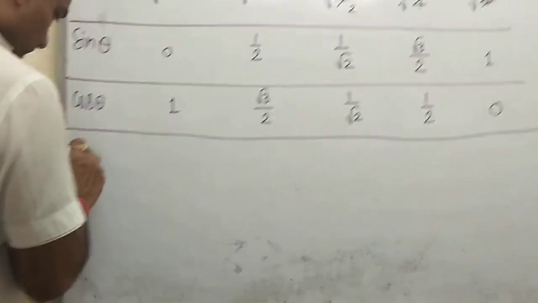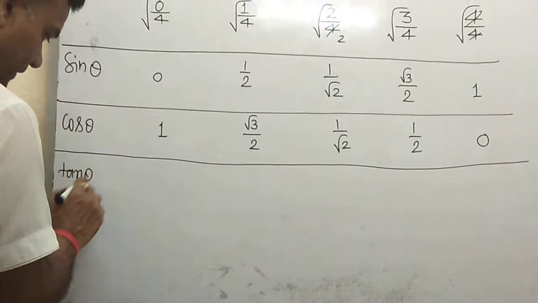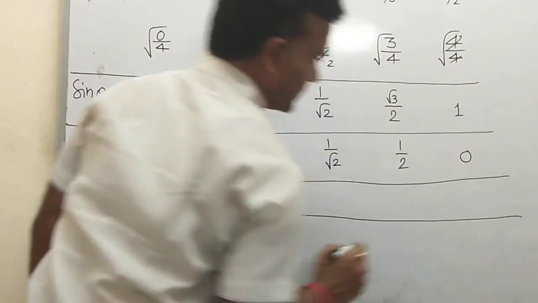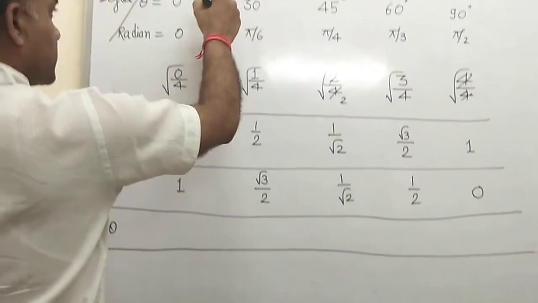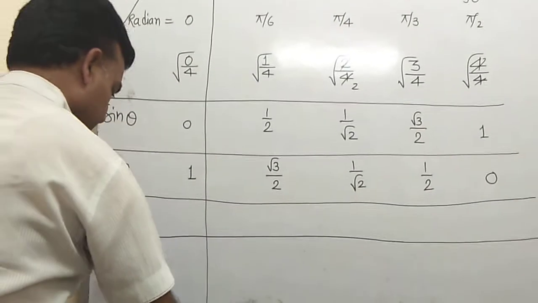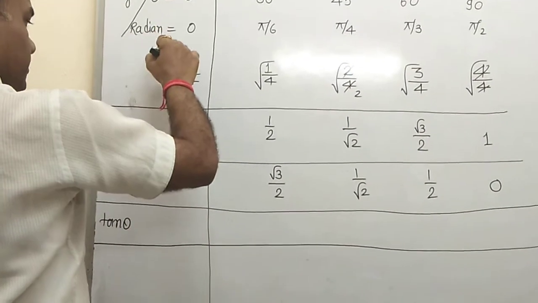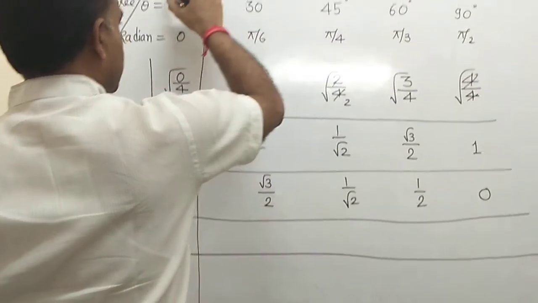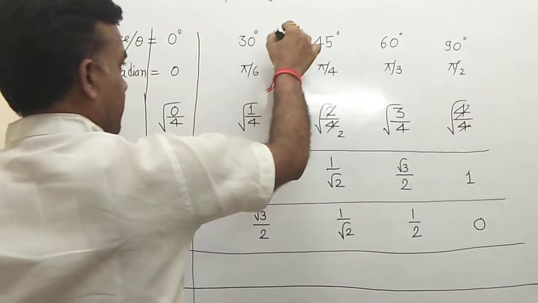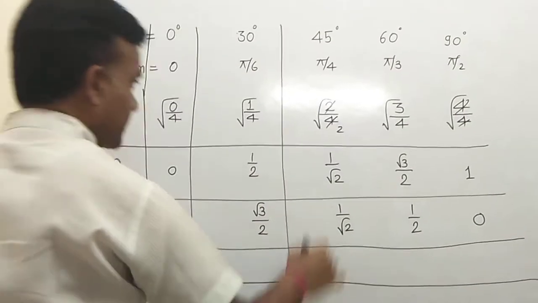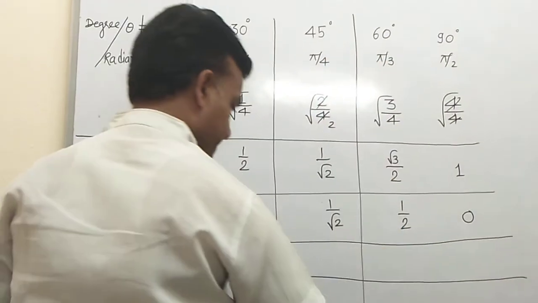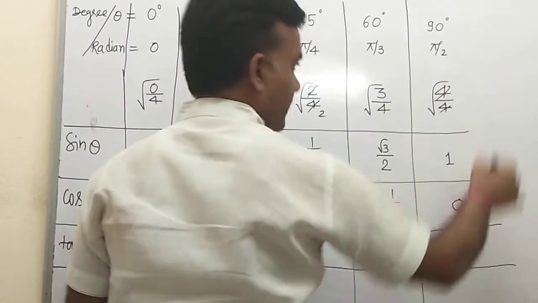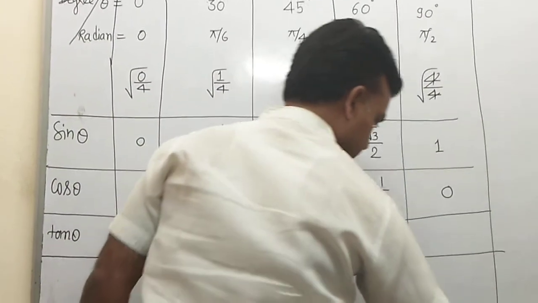Okay, then tan theta. Tan theta is again very easy. So first you write down in this way. We have the trigonometrical chart.